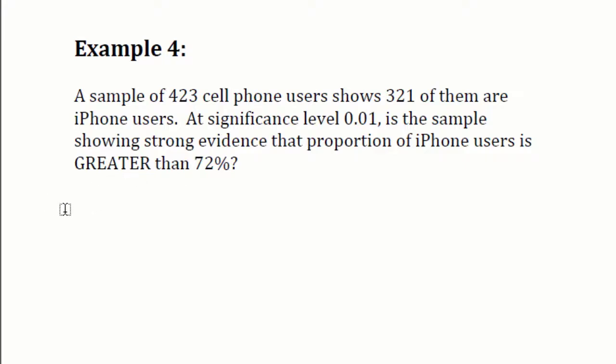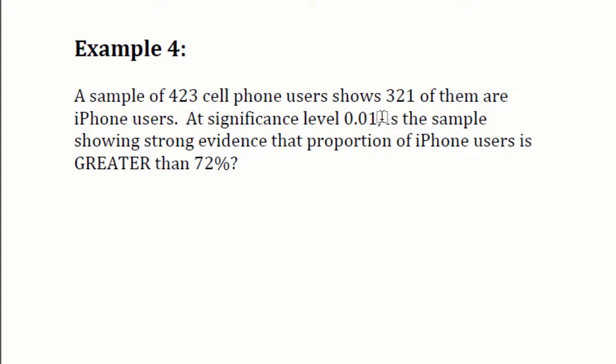So let's spend some time reading the wording description of this example. A sample of 423 cell phone users shows 321 of them are iPhone users. At significance level 0.01, is the sample showing strong evidence that the proportion of iPhone users is greater than 72%?